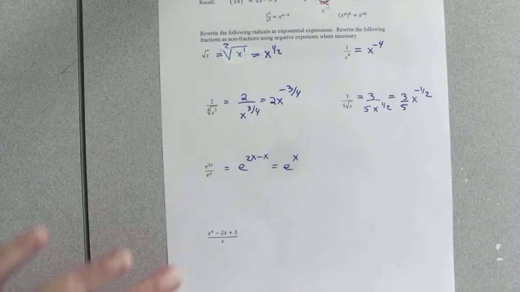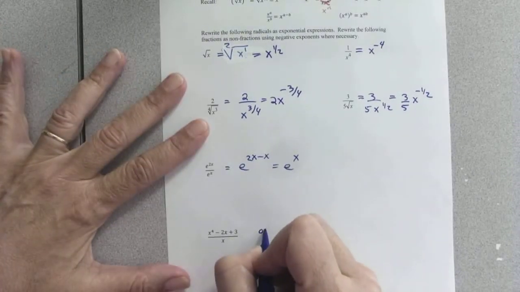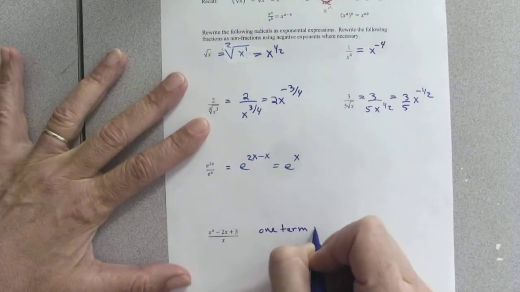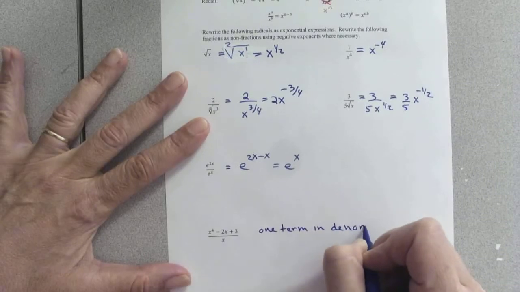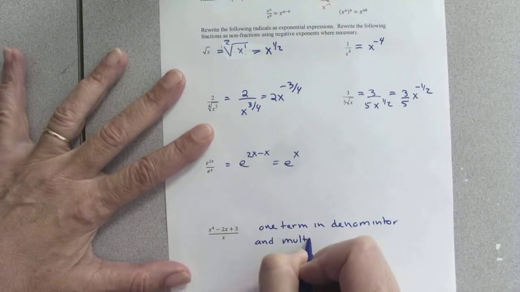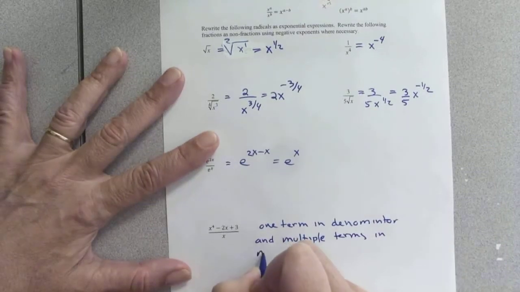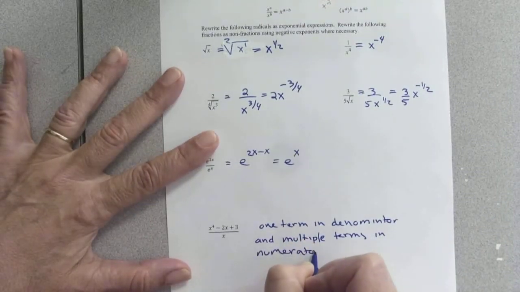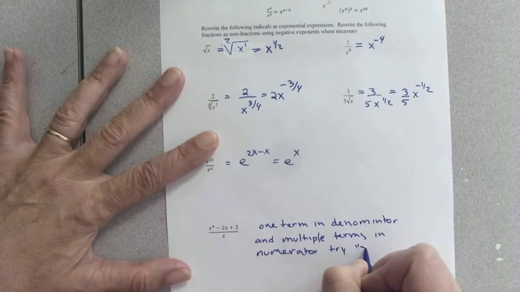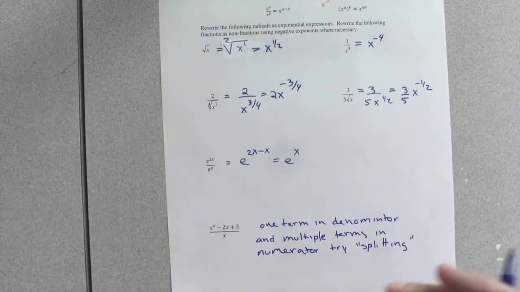And then lastly, rewrite that so it's not a fraction. There are a couple of ways to do this, but I think the easiest way is to remember this: when there's one term in the denominator, and that's what we got here, and multiple terms in the numerator, try, quote unquote, splitting up.